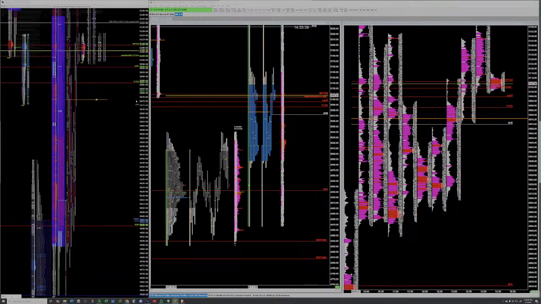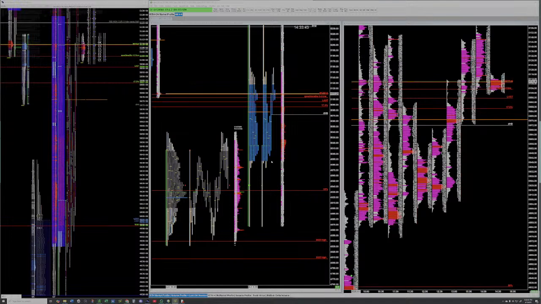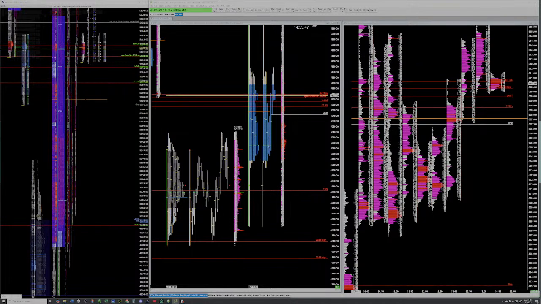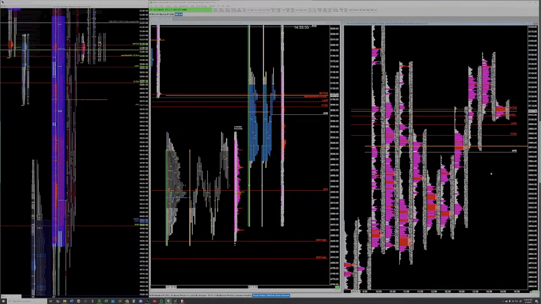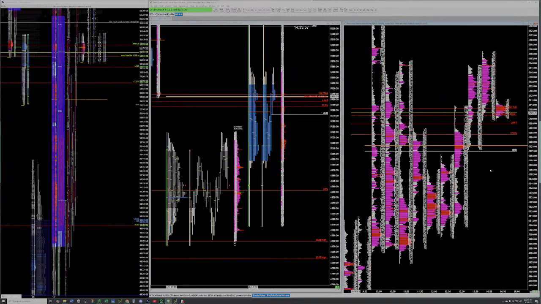As I said from the opening of this stream, this is a day that not a single time I would have sold this market, because the risk of short covering is really present and really high here in this market.